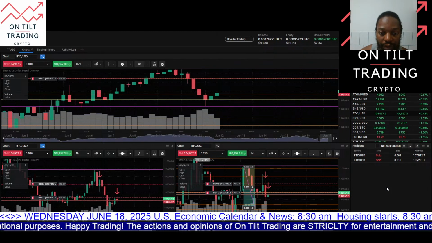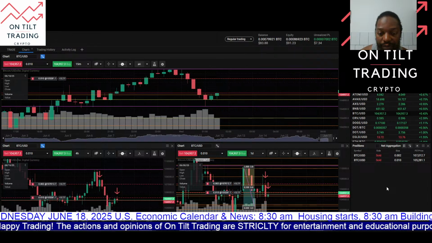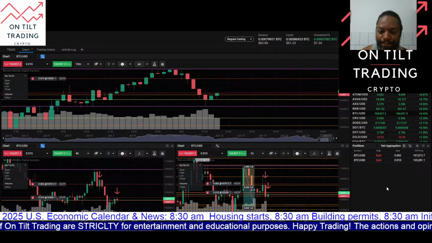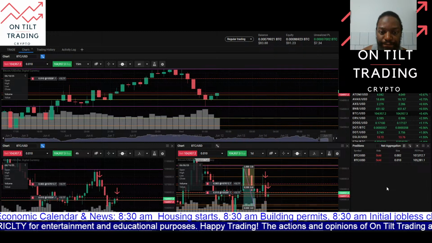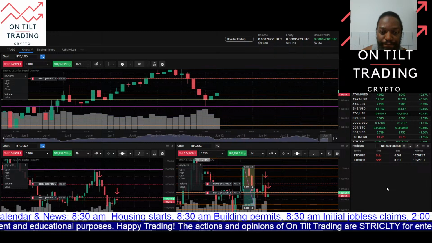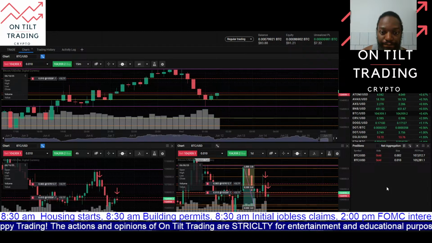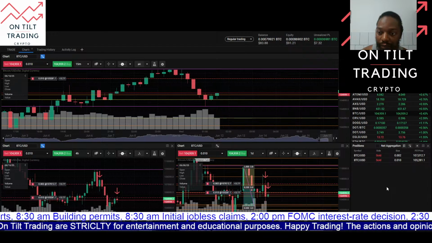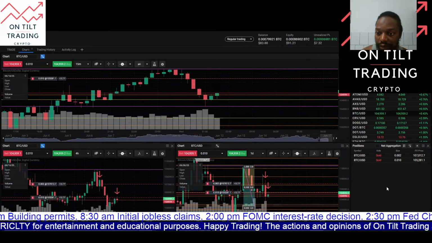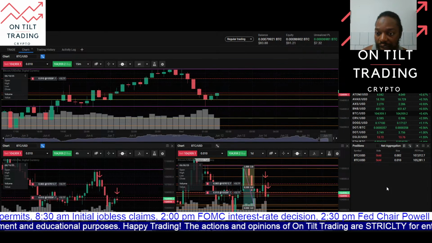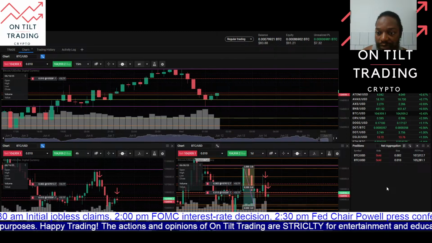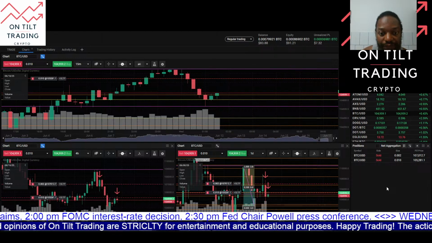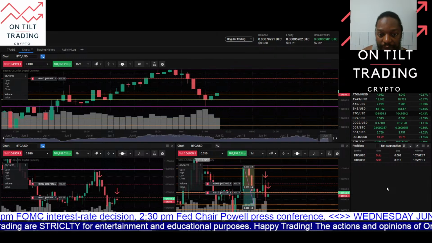So less than 4 minutes remaining in the current candle. And price is holding at the 104,950 level, currently trading at 104,959.1 on the bid.